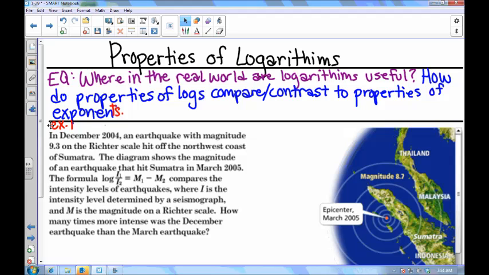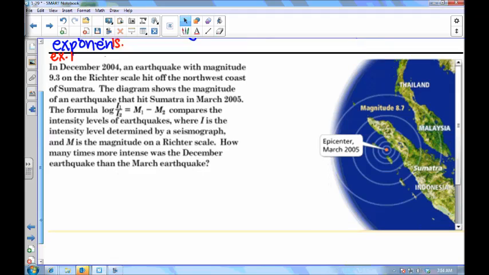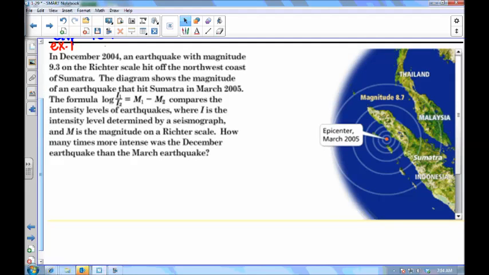The diagram shows the magnitude of an earthquake that hit Sumatra in March 2005. So we got 2 earthquakes within what span of time? Oh, it's quicker than a year. Months. December to March. December they get one, a few months later, get another one.